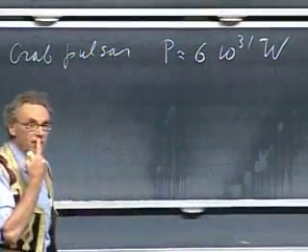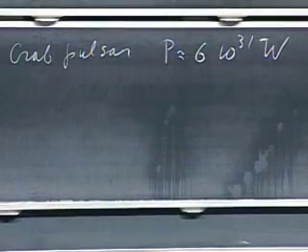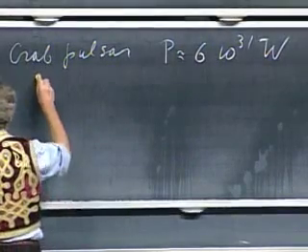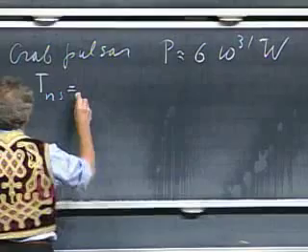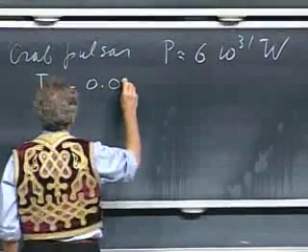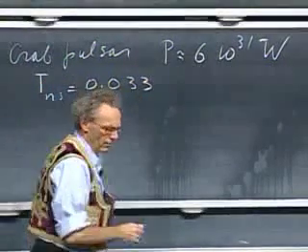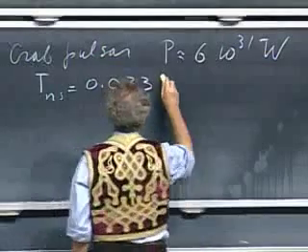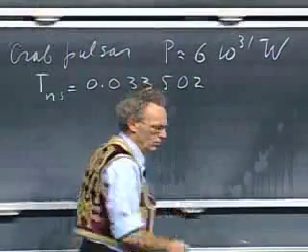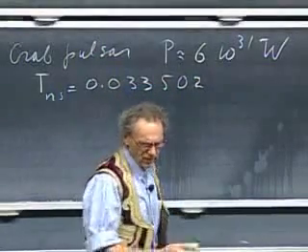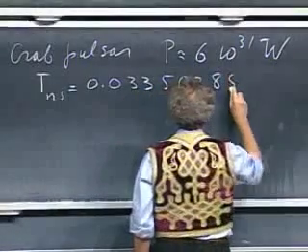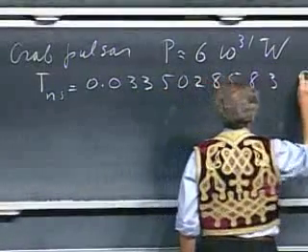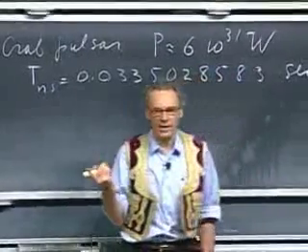We know the period of the pulsar to a very high degree of accuracy. The period of rotation of the neutron star is 0.0335028583 seconds. That's what it is today.